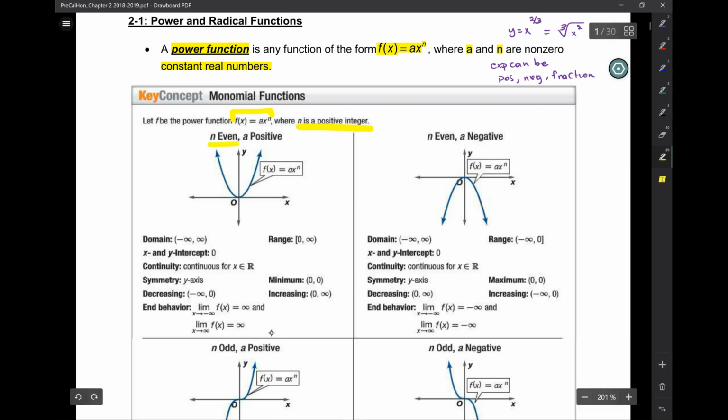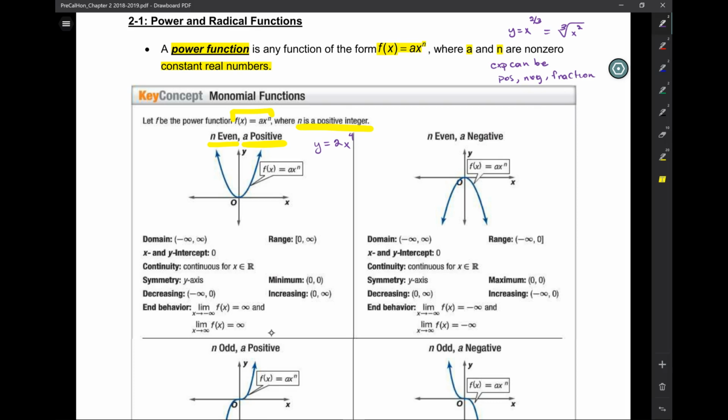Suppose n is even and a is positive. So let's come up with an equation that looks like that. y equals, a is positive, let's say 2, x to the power of 4 or 2 and so on, right? So that meets the requirement here. The exponent n is even, 2, 4, 6, 8, and a is positive. What happens here?